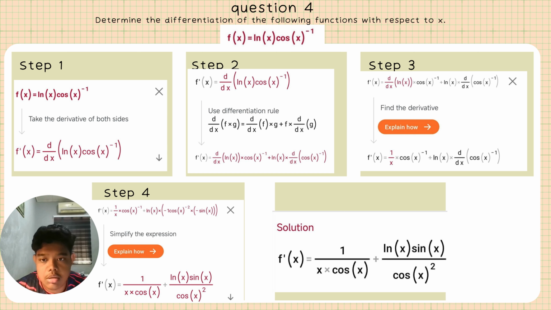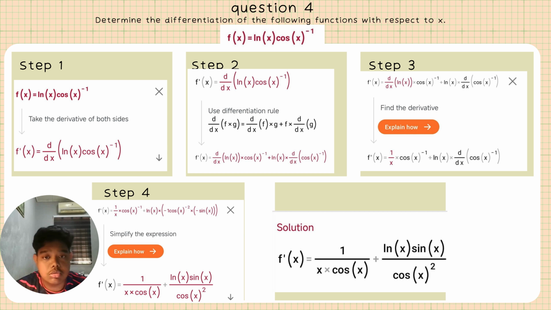So you will get f prime x equal to 1 per x multiplied by cos x plus ln x sin x per cos x power of 2.